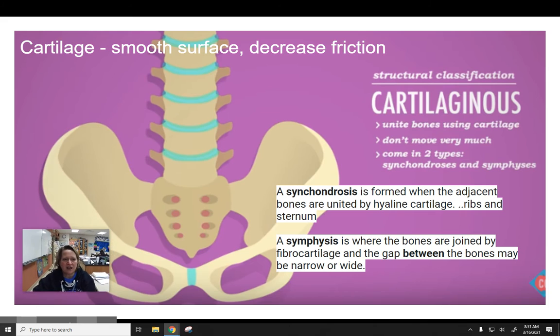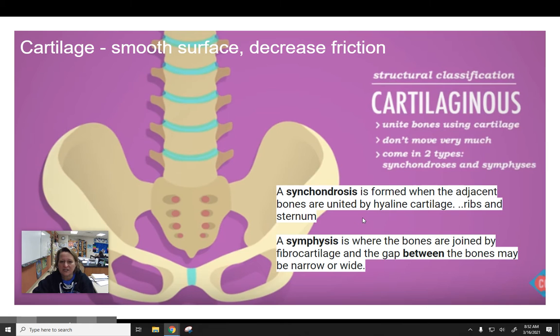Then the cartilaginous joints are going to unite bones using cartilage. We have two different types there. We have the synchondrosis. Chondro means cartilage, syn coming together. So it's formed where adjacent bones are united by hyaline cartilage.